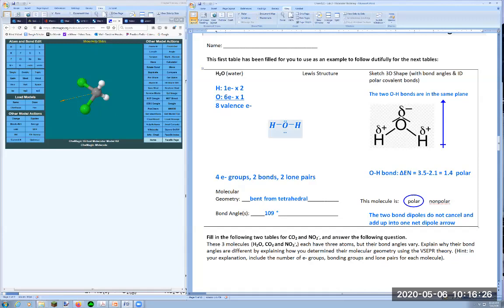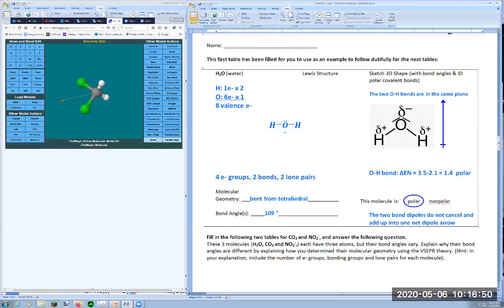Next, you do the Lewis structure, so you actually position your atoms. So water here is a symmetrical molecule. You have the oxygen in the middle, surrounded by the 2 hydrogens. Then you place down your single bonds, subtract that from the total, and I don't need to see that.